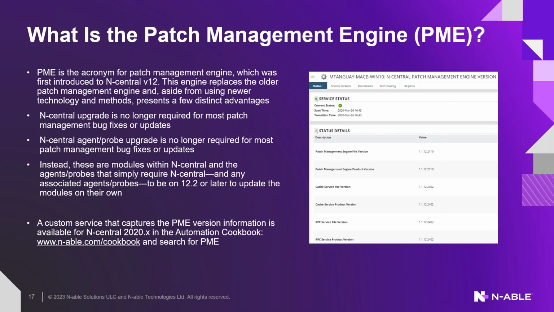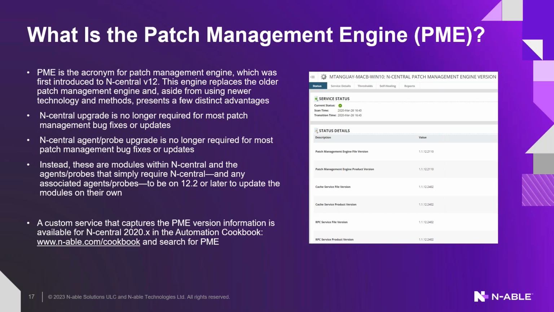The N-Central agent or probe is no longer required for most, not all, but for most patch management or bug fixes for that PME. Instead, these modules within N-Central are agents and probes that simply require N-Central and any associated agents and probes to be on 12.2 or later.